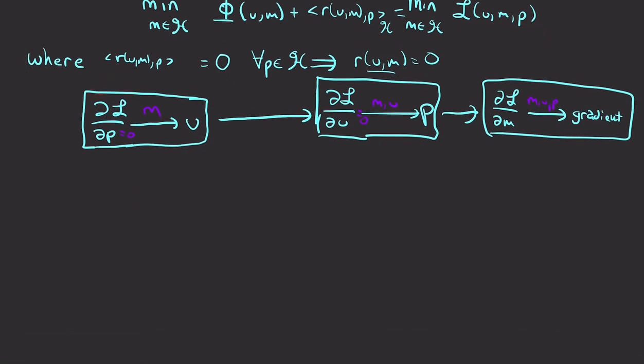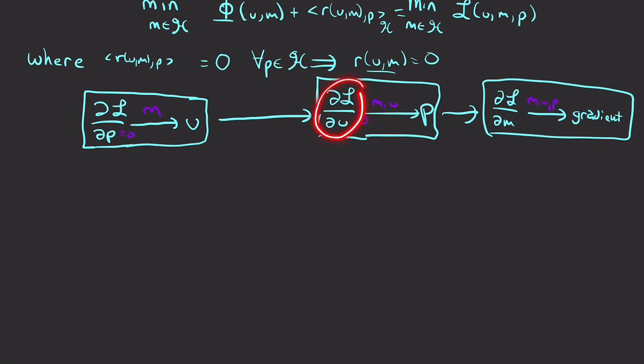How we do that in an efficient manner is we take partials. This partial means I'm taking a Frechet derivative, but I'm treating all the other variables as independent. We take this partial, we get state u out.